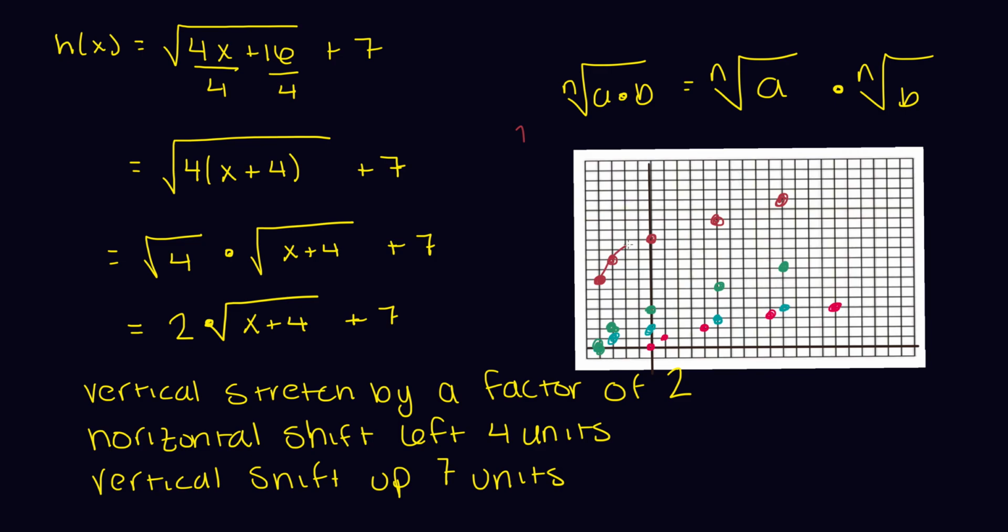And now this is my new graph. And then this pink one was my original. This is h of x. And then this one, I'm just going to use the same color, is f of x, or your parent graph.